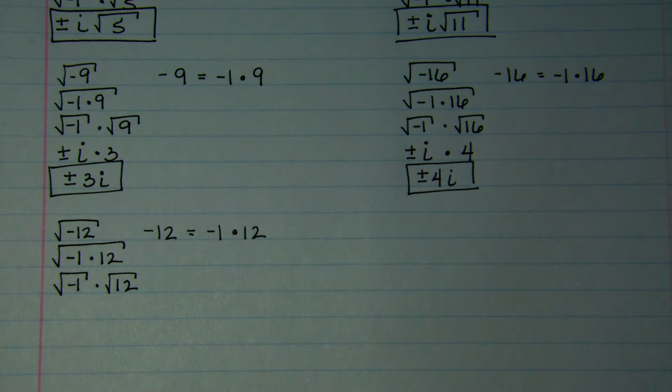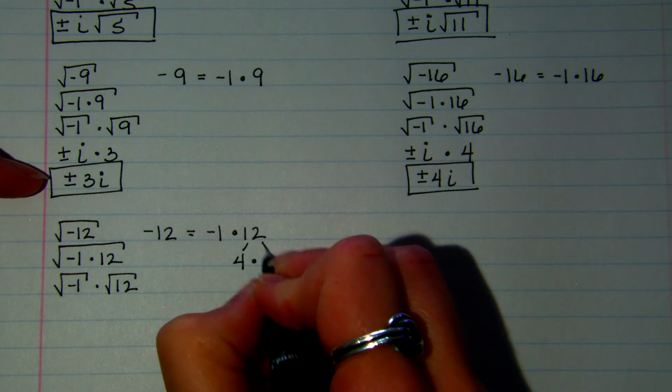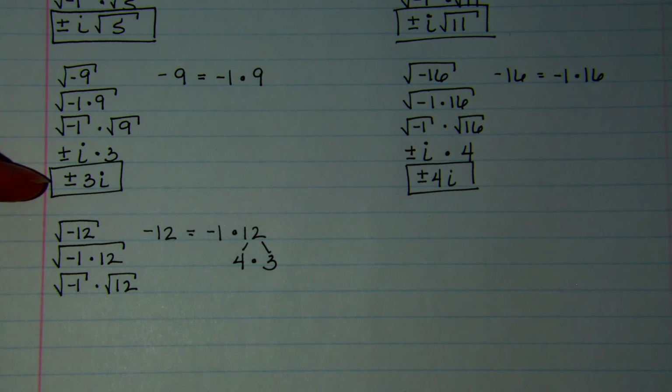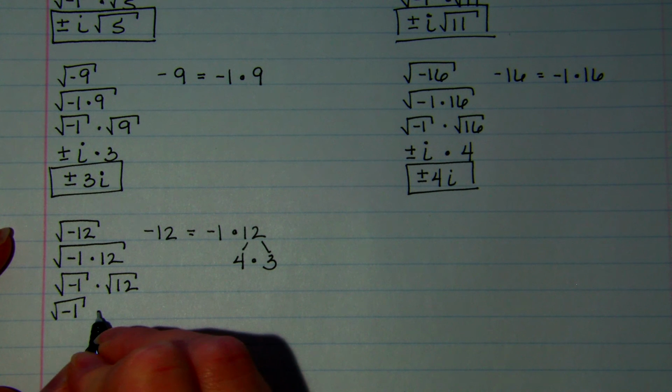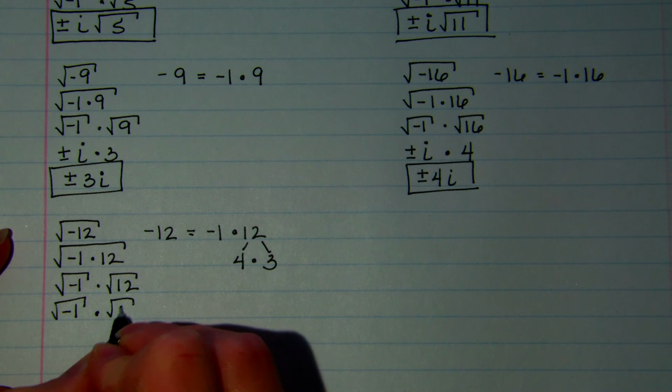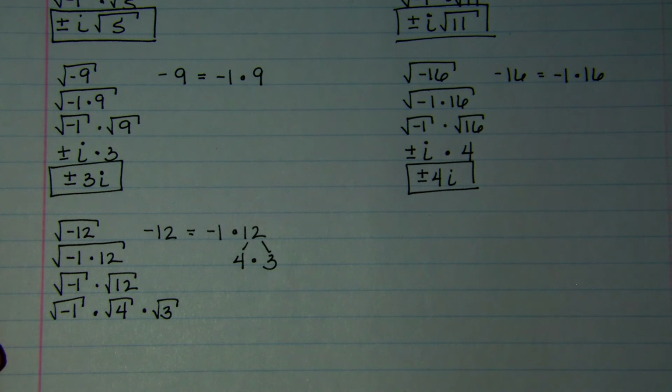Now my first two examples could not be simplified, and my second two examples were both perfect squares. 12 is not a perfect square, and it can be simplified. Remember that 12 can be factored to 4 and 3. And so this is the square root of negative 1 times the square root of 4 times the square root of 3. And so I break it all apart.